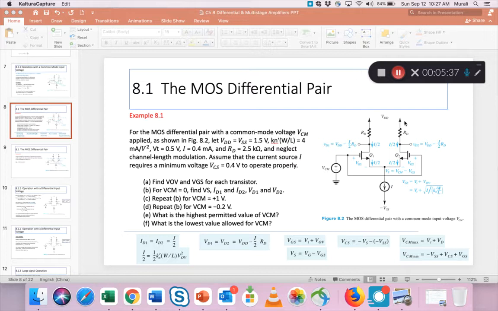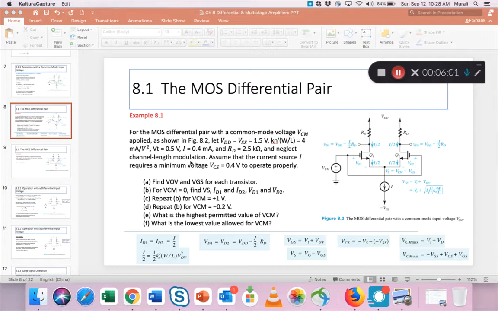So this is an example. It is solved quite well. Most of the basic concepts that you must understand in this chapter are captured in example 8.1. So please spend as much time as required to understand the problem and the solution.